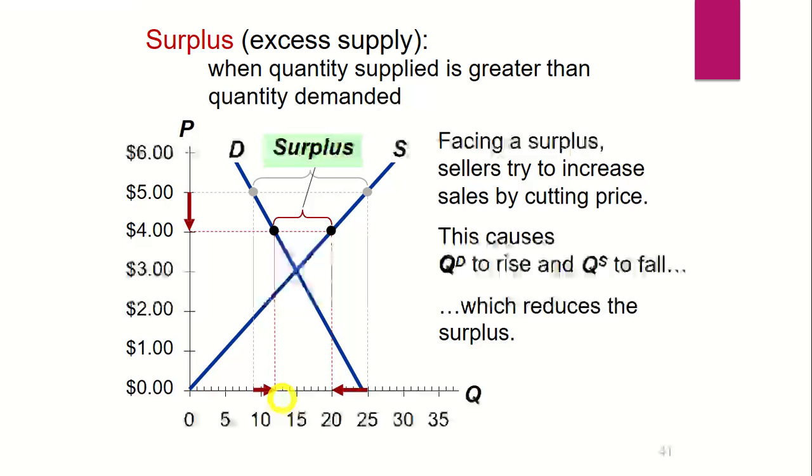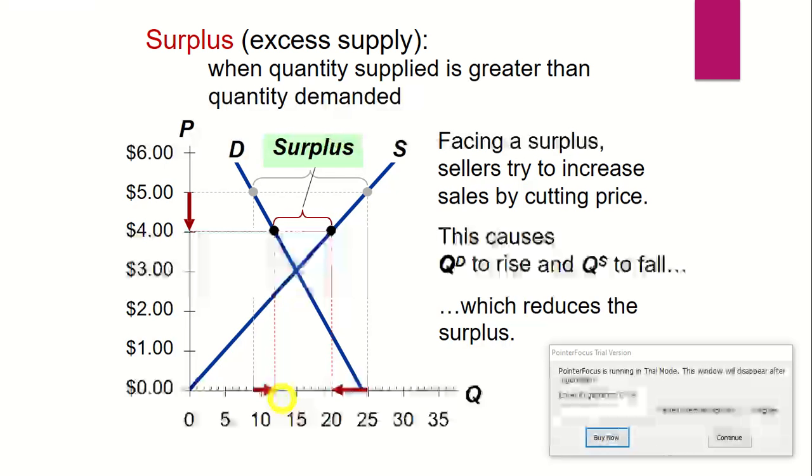They have a sale. They sell the lattes at a lower price now. This sale attracts the buyers, and this causes the quantity demanded to rise as the price goes down from $5 to $4. Quantity supplied falls from this point to this one; initially it was 25 and now it is 20.